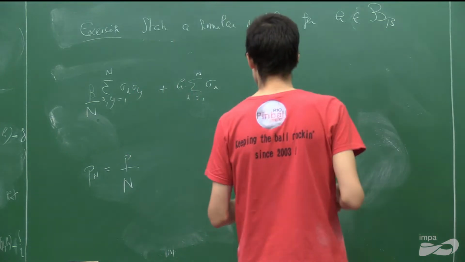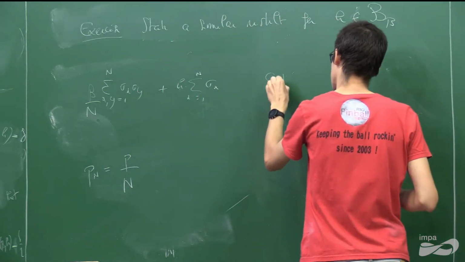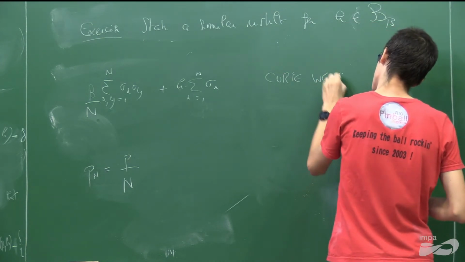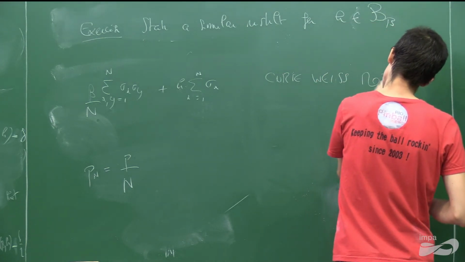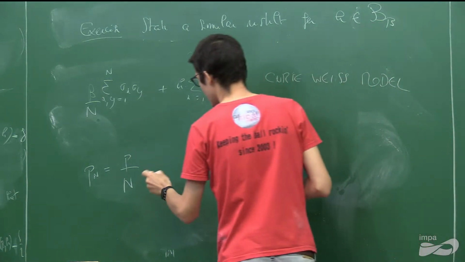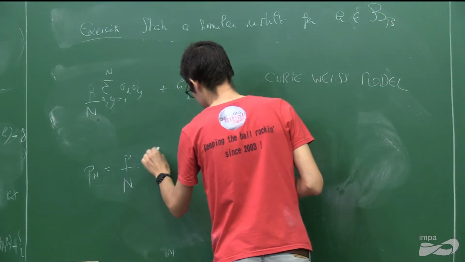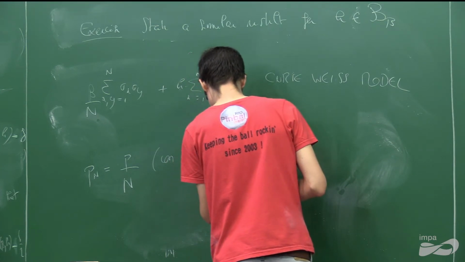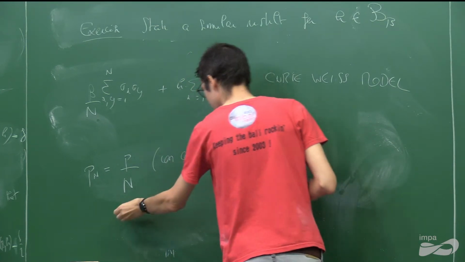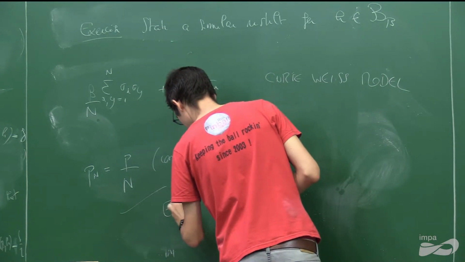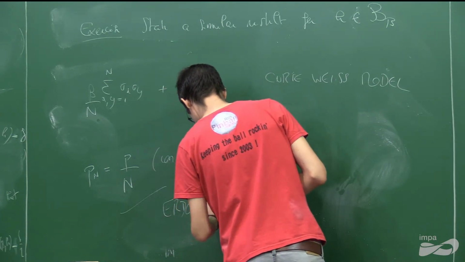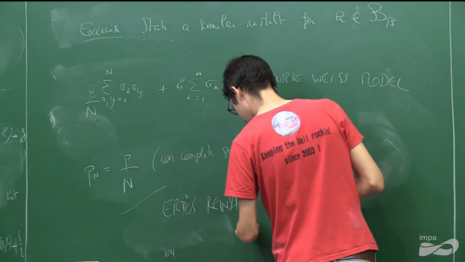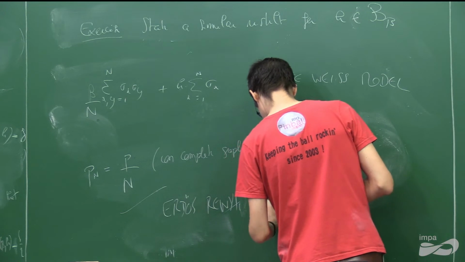So okay, this is what is called the Curie-Weiss model. And this thing is what is called the Erdős–Rényi random graph.